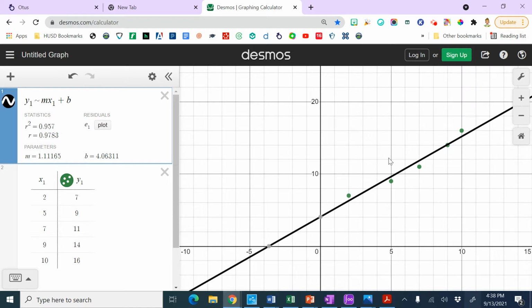And we got a fairly decent equation. If you look right here, our R value is pretty close to 1, which means it's good data. And then they tell us right here what the slope is and what the y-intercept is.